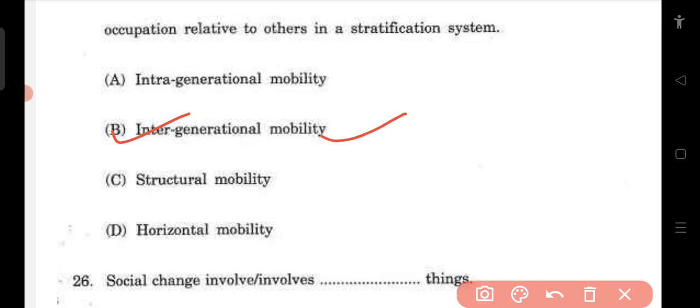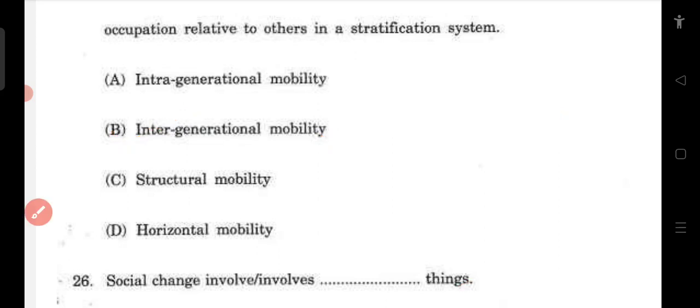intragenerational mobility is related to the lifetime period of any person. Like any person who is working in an MNC company, now he joined another multi-billion company and his salary hike is much better. So it would be intragenerational mobility. When it is intergenerational mobility, it is like a farmer's son started earning a huge salary in a company or became an IAS officer.